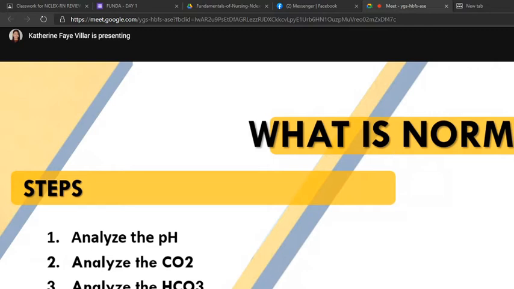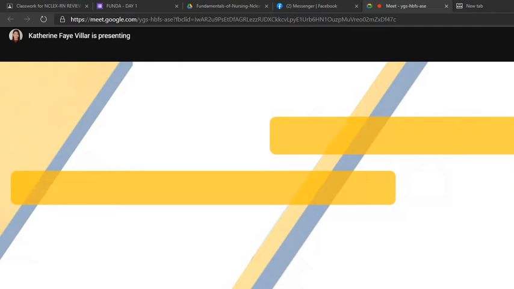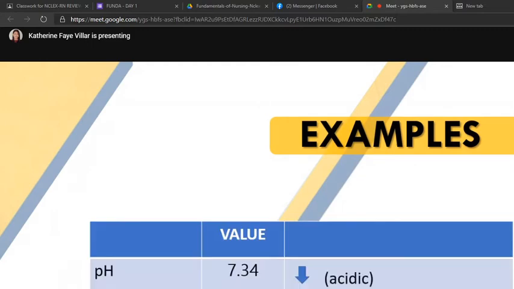So, number 4, fourth step, is for you to match the carbon dioxide or the bicarbonate with the pH. So, sabi ko kanina, hahanapin mo kung sino ba yung partner ni pH. Like yung example kanina na nakita po ninyo, acidic yung pH, 'di ba? Kasi mababa siya. Yung PCO2 ay mataas, kaya acidic din siya. Tapos yung bicarbonate ay normal. So, saan yung partner ni pH diyan?